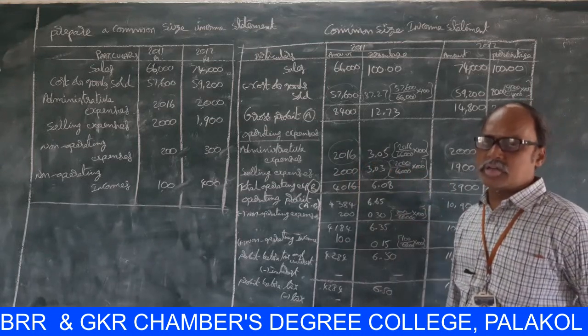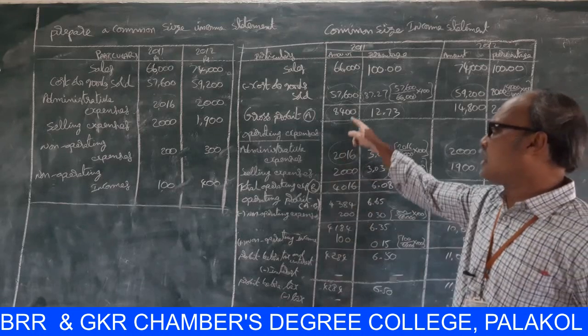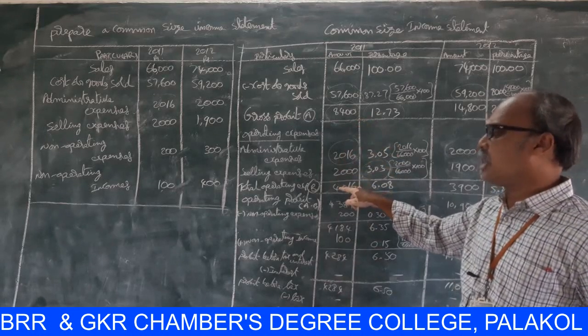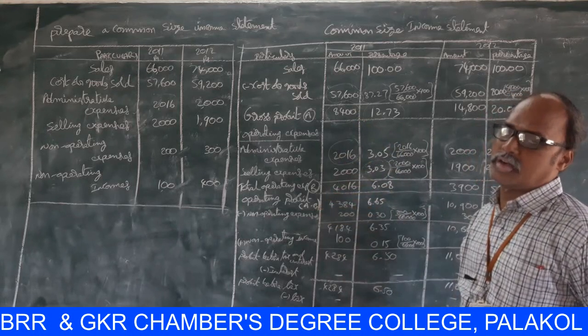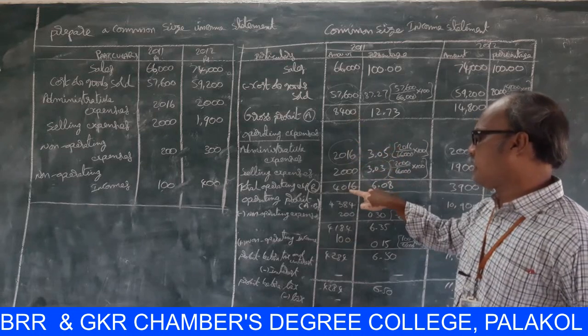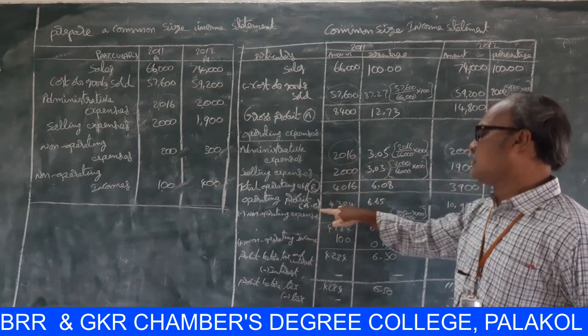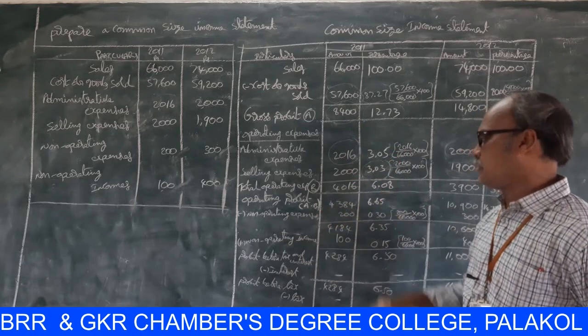Here there are no transactions for operating income. That's why gross profit minus total operating expenses is to be treated as operating profit. That is 8,400 minus 4,016, the operating profit is 4,384.